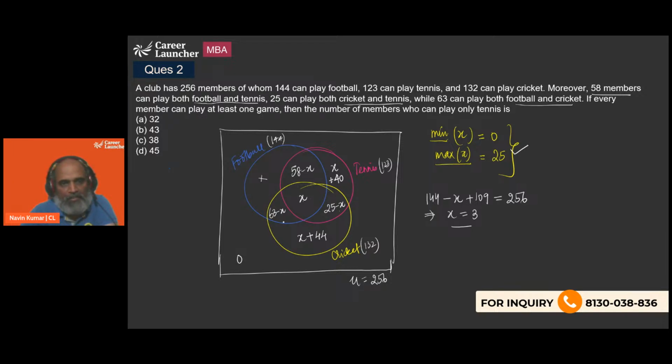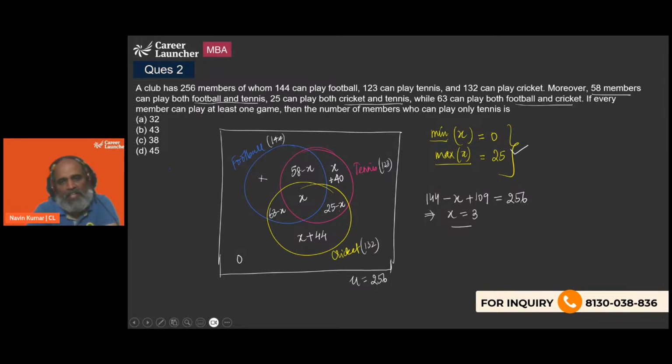We have 63 plus 25, which is 88, and 88 plus 44 gives 132. This will perfectly make sense. So the sum is 144 plus x minus x plus x minus x, and then we have 40, 44, 25, which is 109, and this should add up to give us 256.